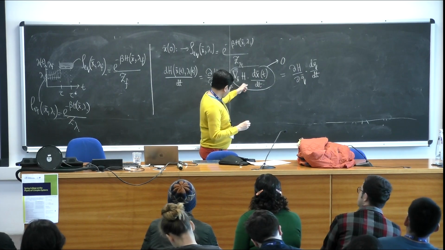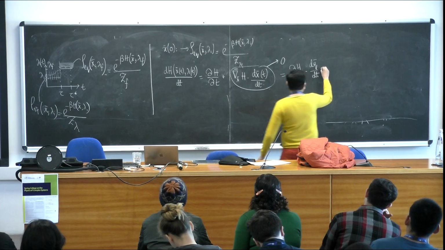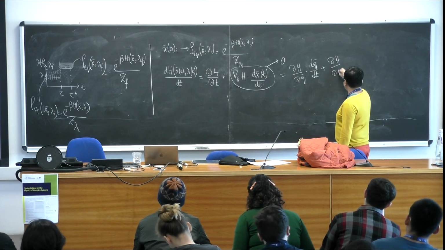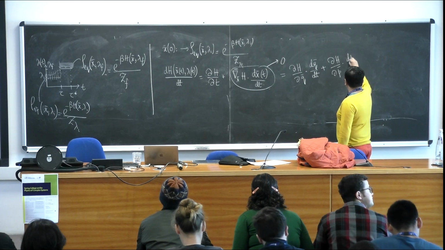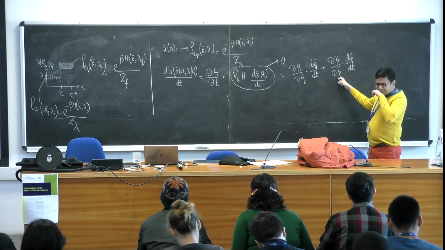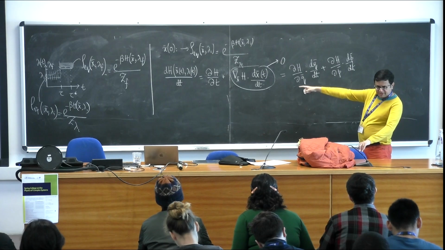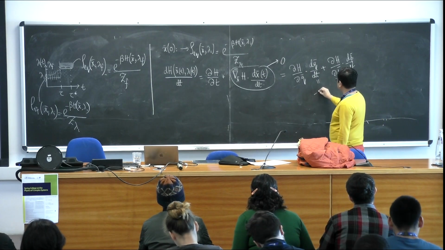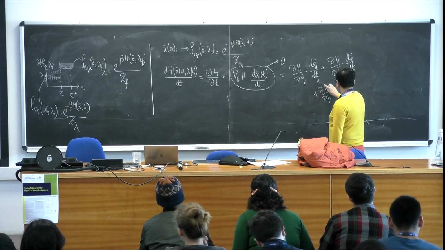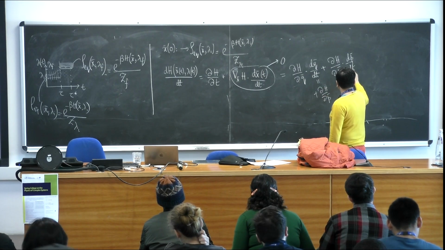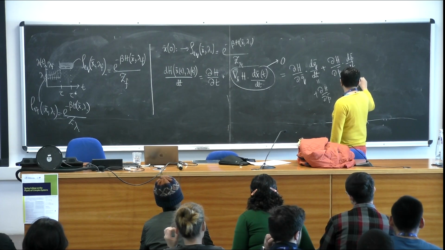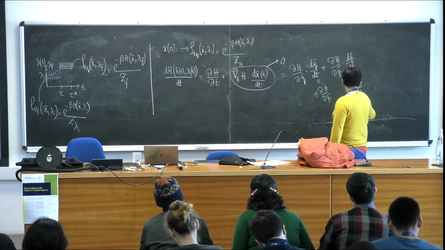But you see, if I write this out, you will get these two terms, right? The change of energy with respect to P times dP dt, and the change with respect to q times dq dt. By definition dq dt I know is del H del P, and dP dt is minus del H del q.